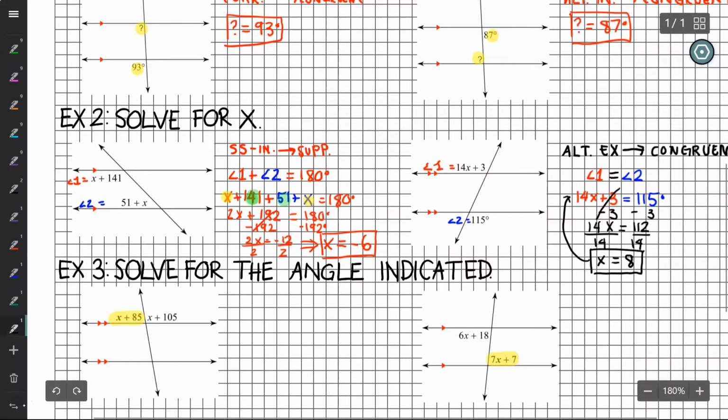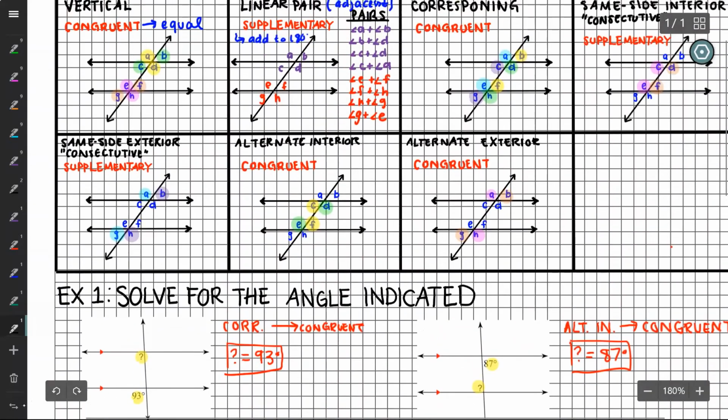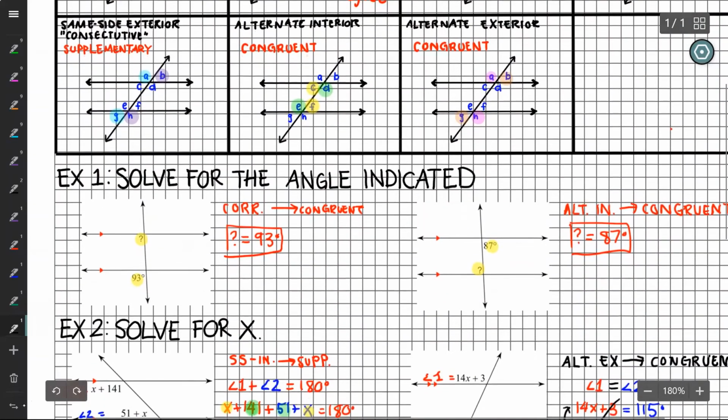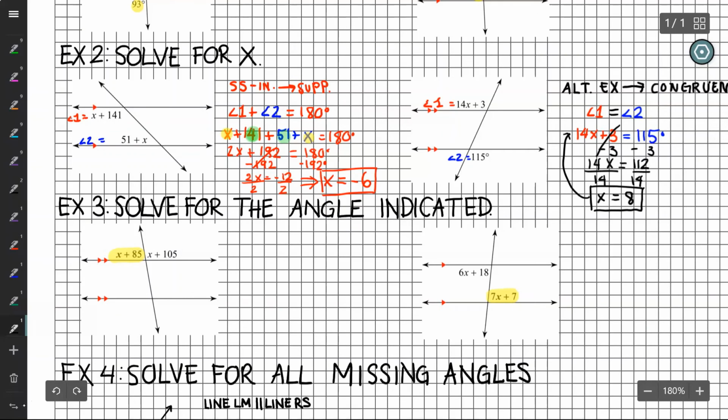So here they are next to each other. So next to each other means adjacent, which means they are linear pairs. So I'm going to go LP, and linear pairs are supplementary. So we're going to set up the same way we did this problem right above it. So I'm going to label this as angle 1.